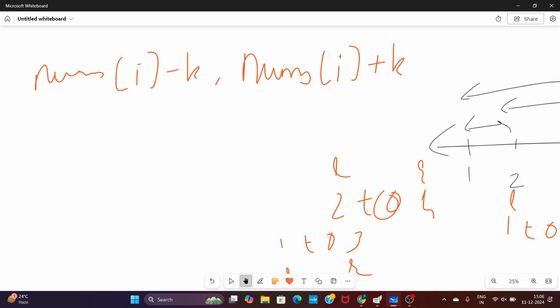This is basically the range. So for example, this is the range from 0 to 4.